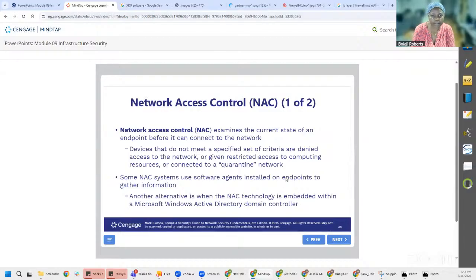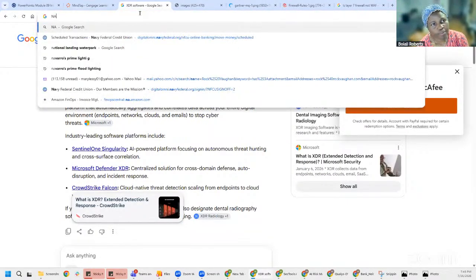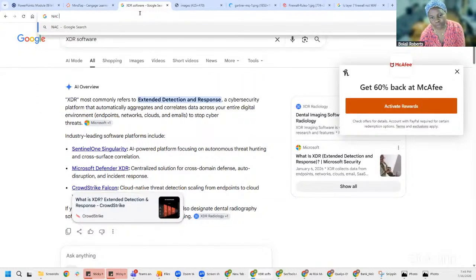This is probably my favorite technology that I have worked with. I was in the business of traveling from one country to another, deploying this network access control solution, back in the day.